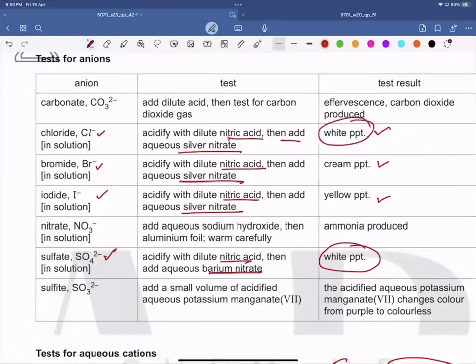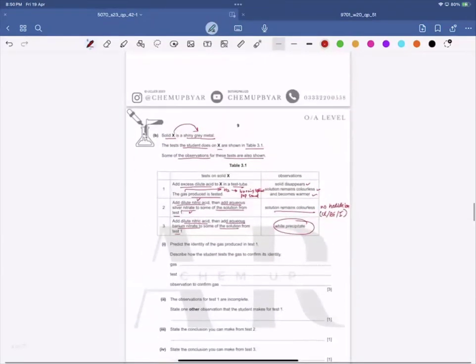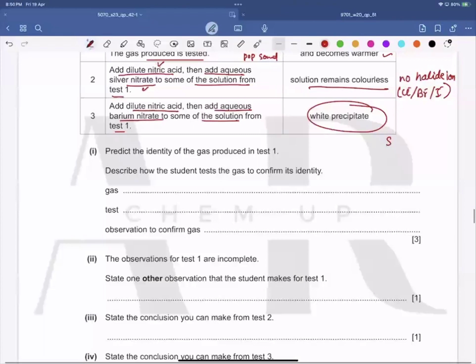Remember, a white precipitate can also mean chloride, but that is when you add nitric acid and silver nitrate. If you add nitric acid and barium nitrate and get a white precipitate, it means it's a sulfate. So from here we can conclude that it's a sulfate.